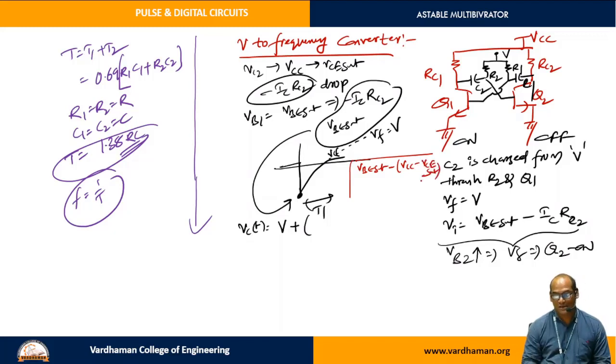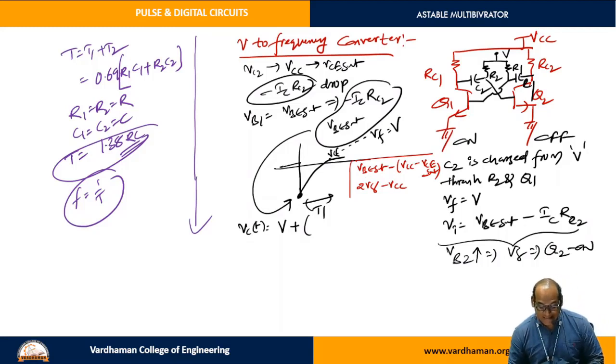This is VB sat plus VC sat, which can be written as 2 times V gamma minus VCC. If you multiply the minus inside, you get VB sat plus VC sat equal to 2 times V gamma minus VCC. So this entire thing is nothing but just VI.